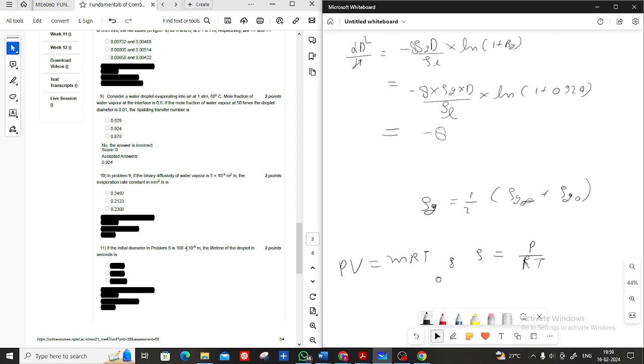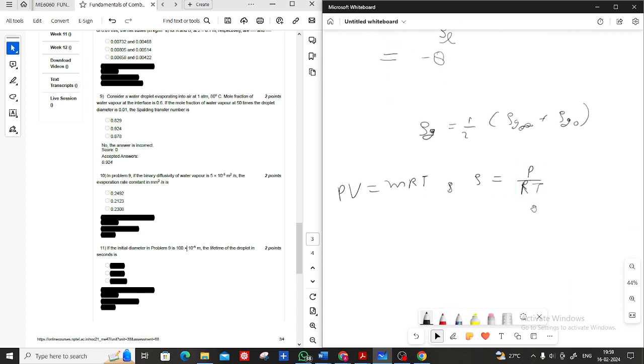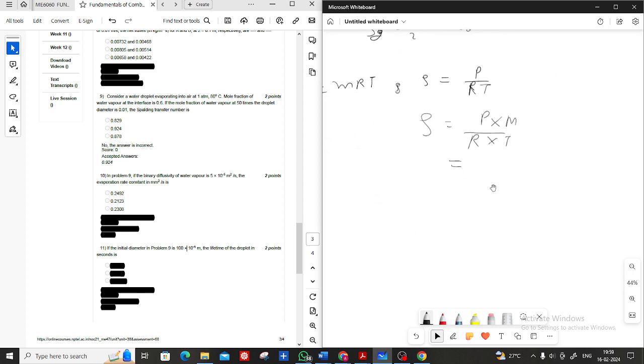Do you have any confusion in this equation? Rho is equal to P upon RT. This R is not the universal gas constant. R is equal to the universal gas constant divided by the molecular weight. So rho is equal to P upon the universal gas constant into molecular weight into temperature, giving the density of gas.